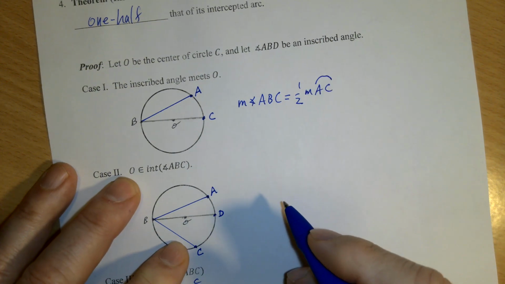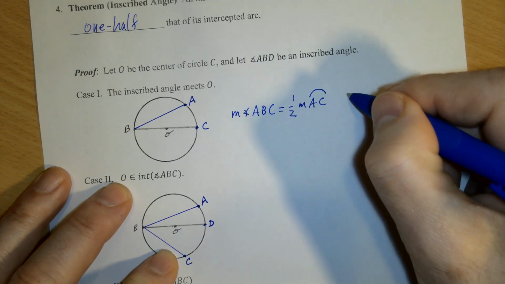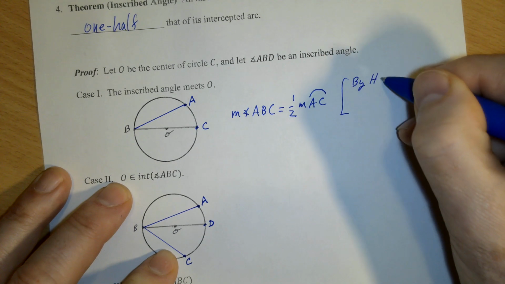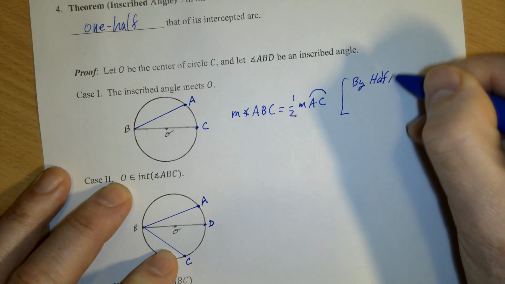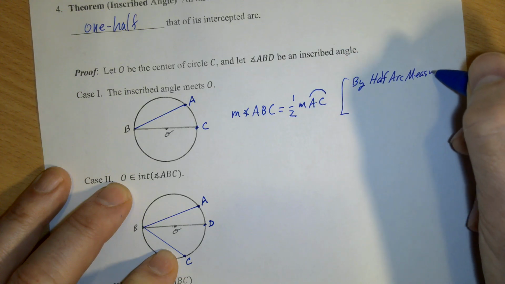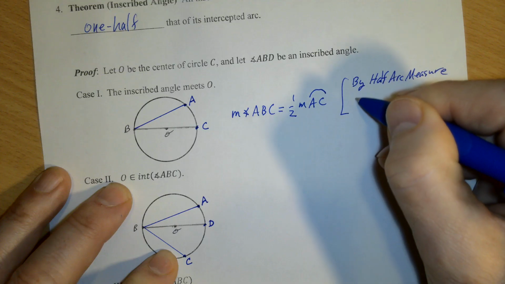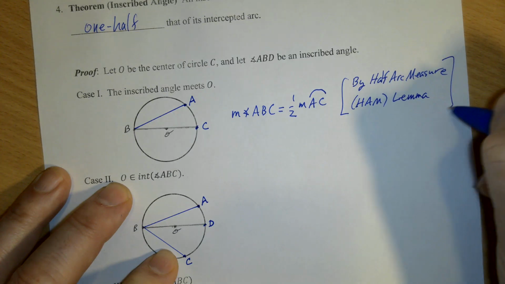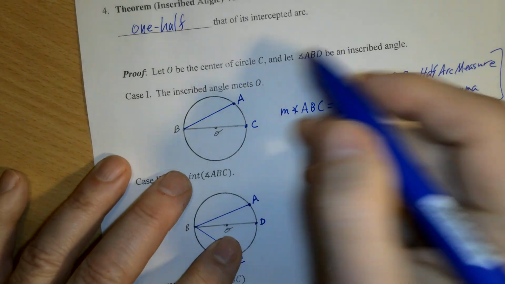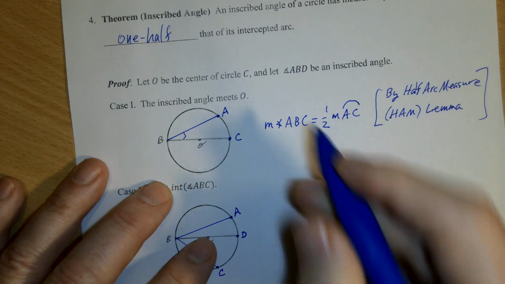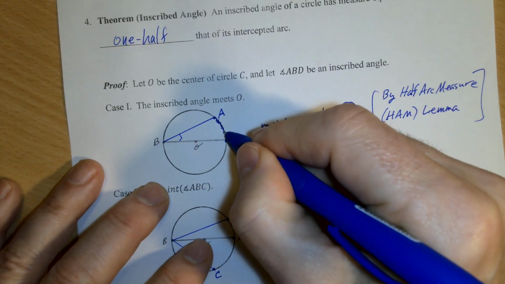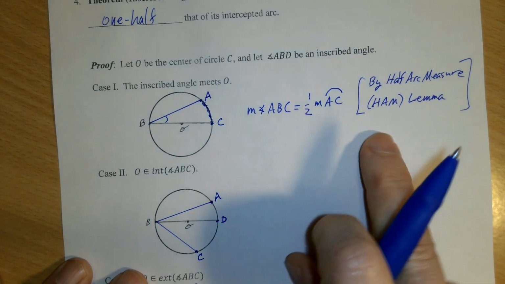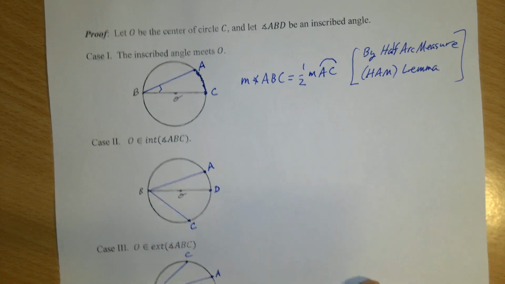For this case, the proof is complete by the half arc measure lemma, or HAM lemma, that was in the previous video. So all we're saying is this angle right there is 1/2 the measure of that arc. Well, we're going to use that half arc measure lemma again in the next cases.